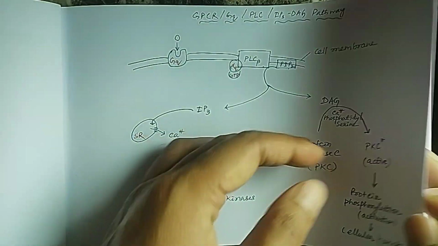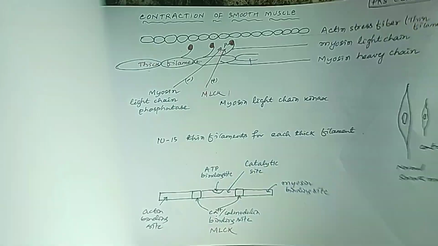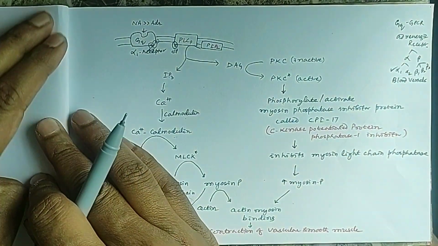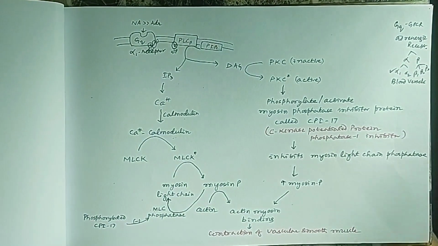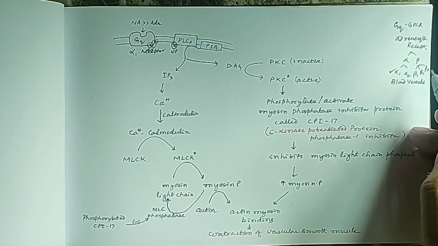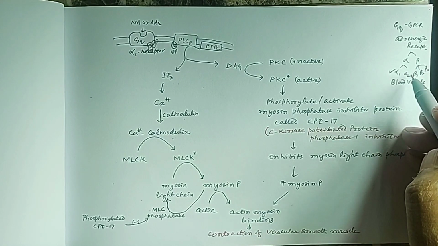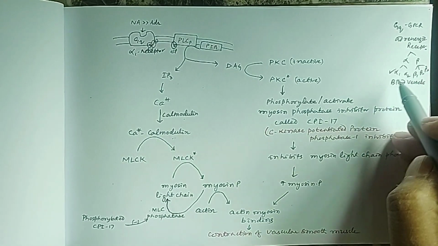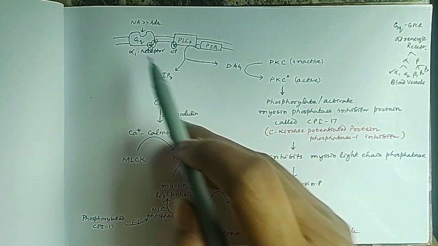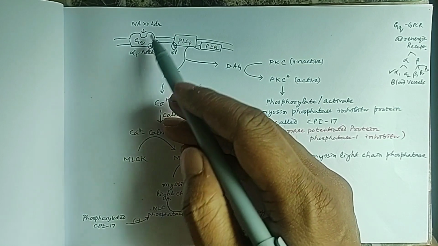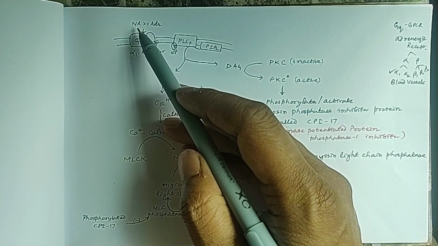Let us see this through one example, the alpha-1 adrenergic receptor. As we know, adrenergic receptors are of two types, alpha and beta. Alpha is of two types, alpha-1 and alpha-2. Beta is of three types, beta-1, beta-2 and beta-3. Alpha-1 is an example of Gq type of G protein coupled receptor, and the agonist here is noradrenaline.